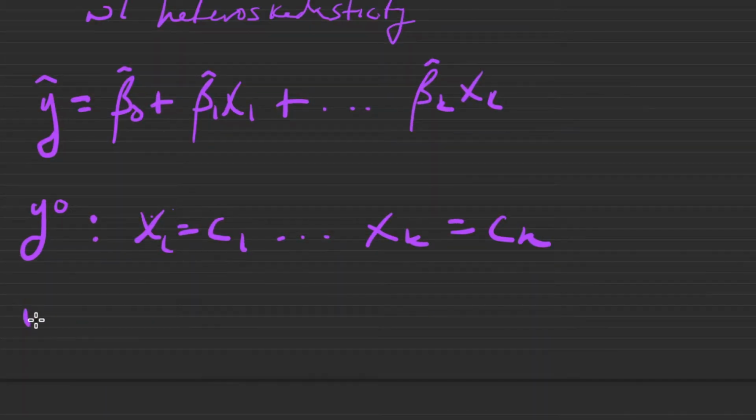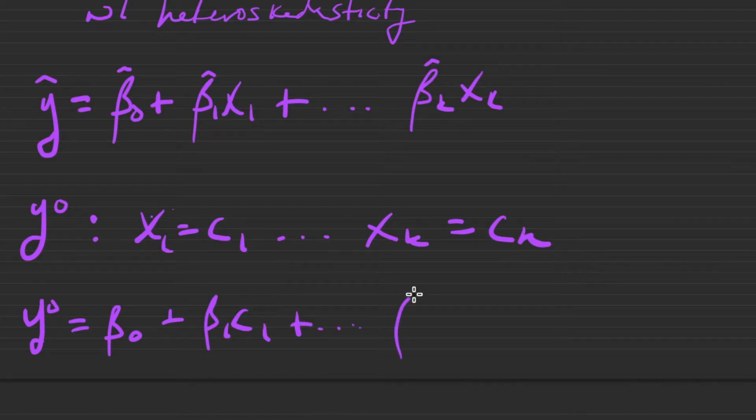Then y0, or we can say y naught, the population equation for this is beta naught plus beta 1 times c1 through beta k ck, which is equal to the expected value of y given x1 equals c1 through xk equals ck.